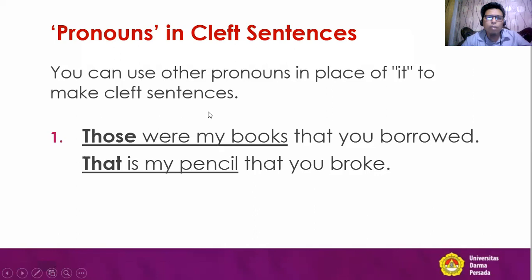Those were my books that you borrowed. Those are my books that you borrowed. Okay, now the next one. That is my pencil that you broke. We have that. We don't say it.